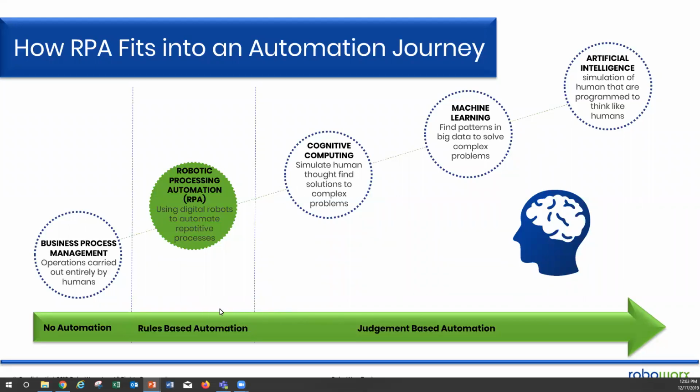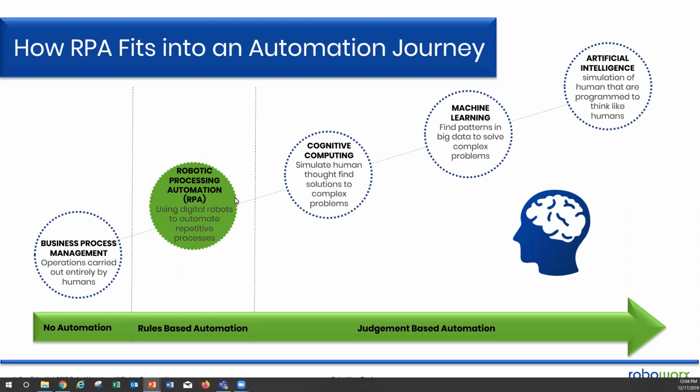Rules-based is what RPA is all about. It uses digital robots. They're not really robots. It's really a piece of software, and it automates repetitive processes. These RPA robots, as we like to call them, can't think. They're not judgment-based. They really just rely on very clear instructions: if this, then that, and, or, et cetera.